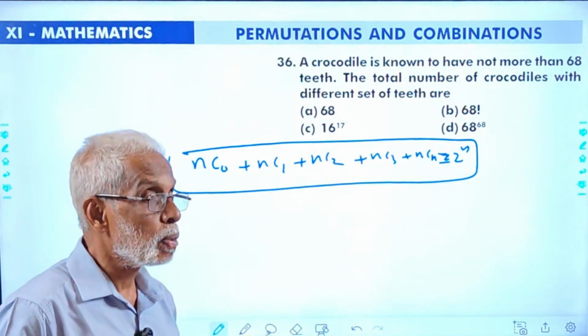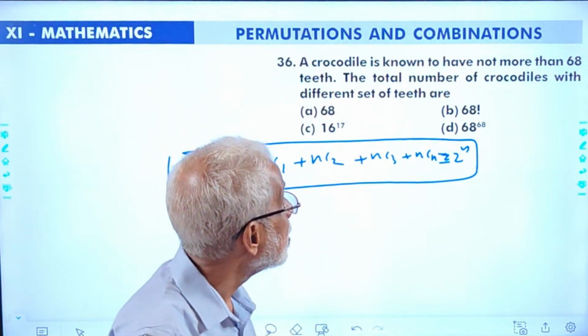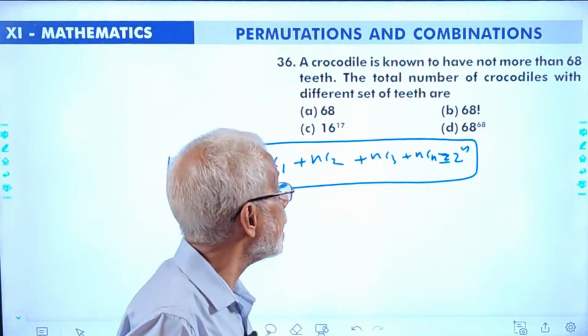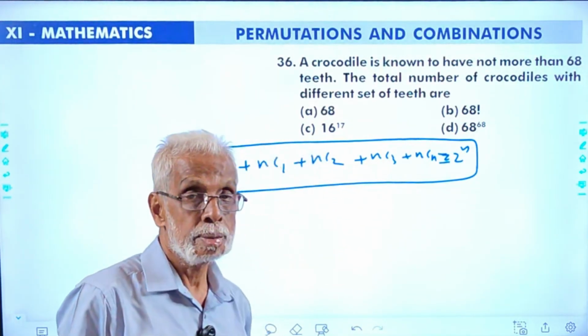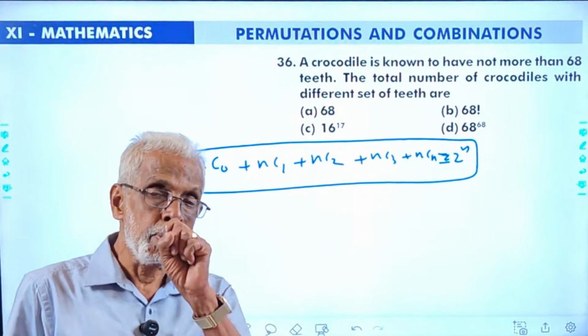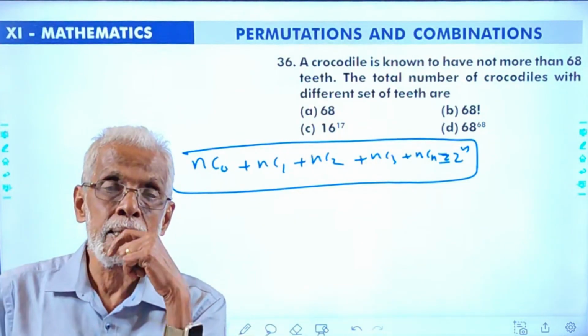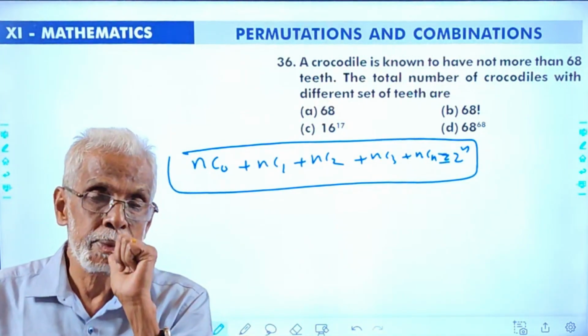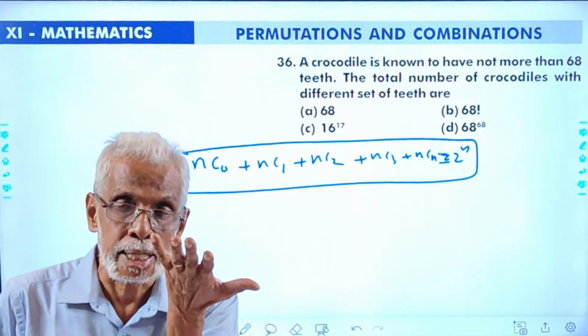The question is, a crocodile is known to have not more than 68 teeth. That means it can have no teeth, it can have 1, it can have 2, it can have 3, etc. It can have all the 68.